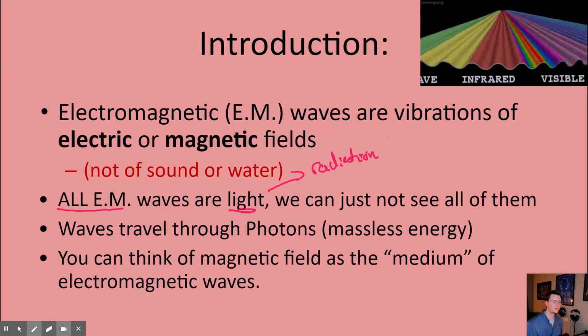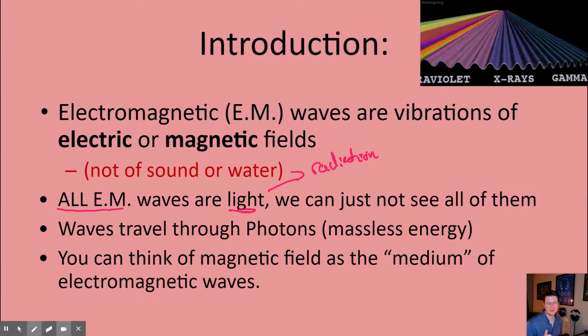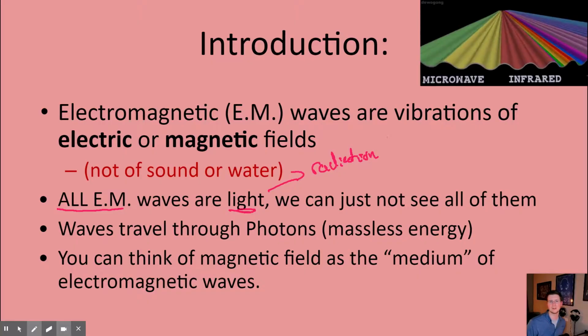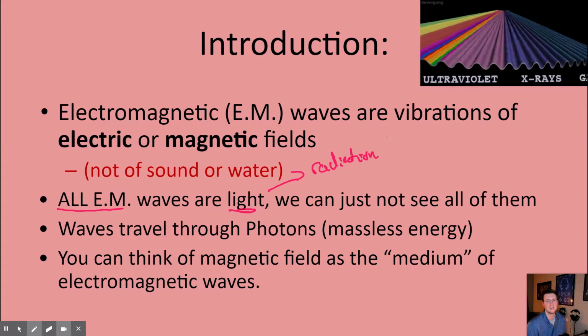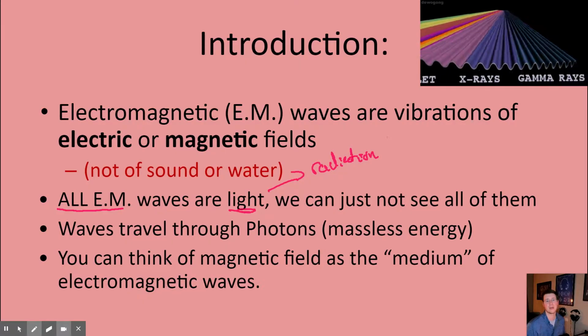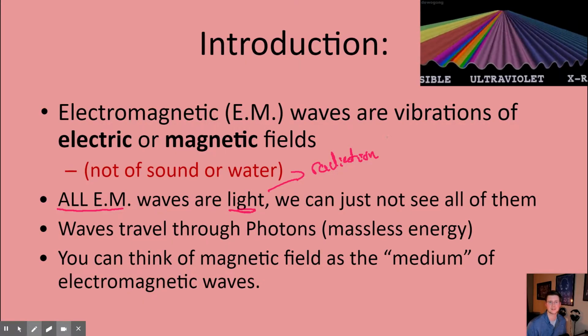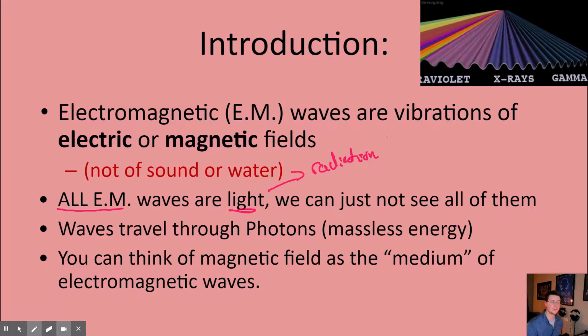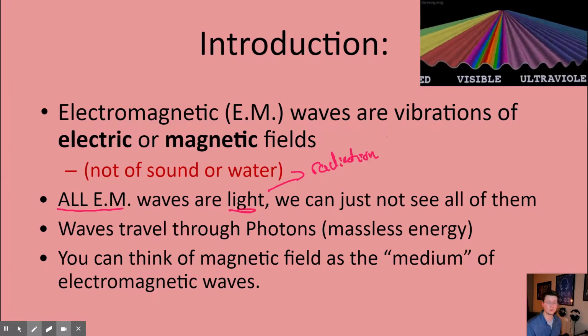Waves travel through particles, particles is maybe not the greatest word to use, called photons, which is basically massless energy. They're like these packets of energy, but they don't have any sort of test weight. We can't put them on a scale and really measure their mass, so they are just deemed as massless, and it's basically just energy that interacts with these magnetic fields that exist all over, okay?